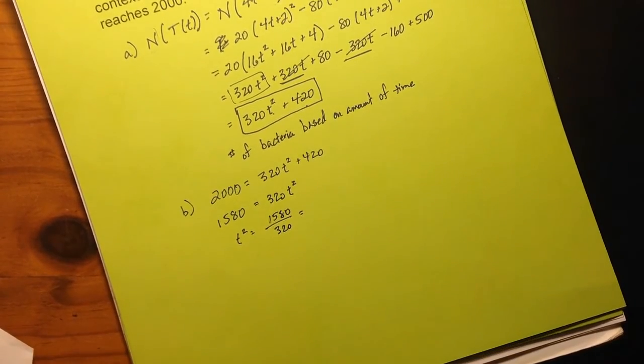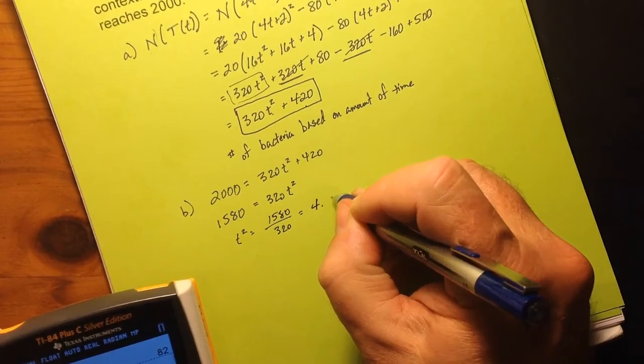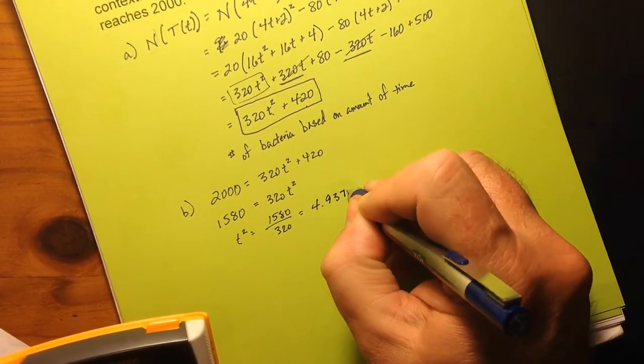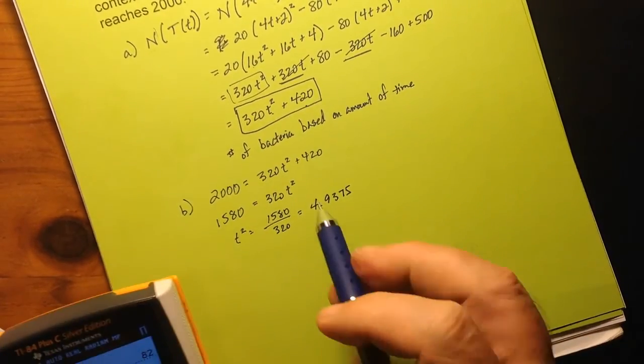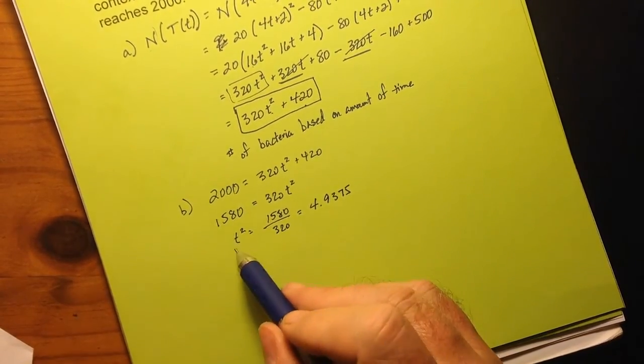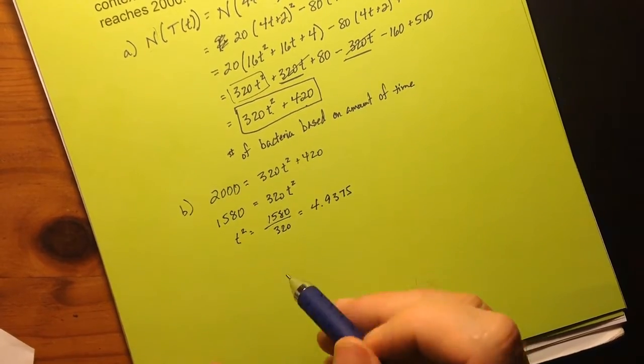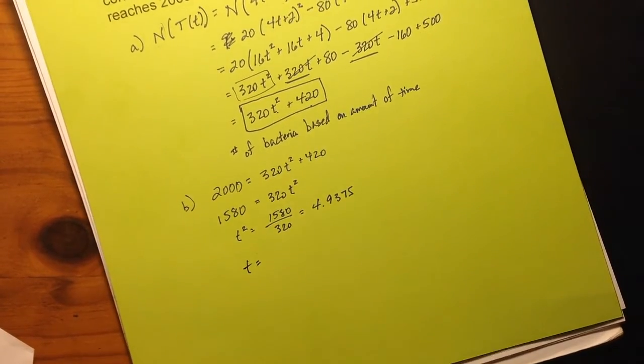My calculator's telling me this is 4.9375. Now I'm just going to take the square root. Normally I would say take the positive or negative root, but a negative root doesn't make any sense here, so I only need the positive root.